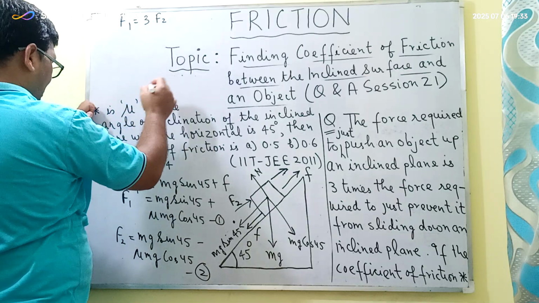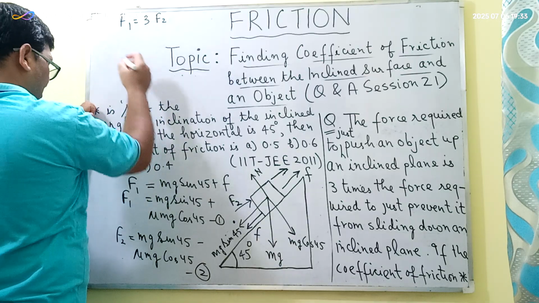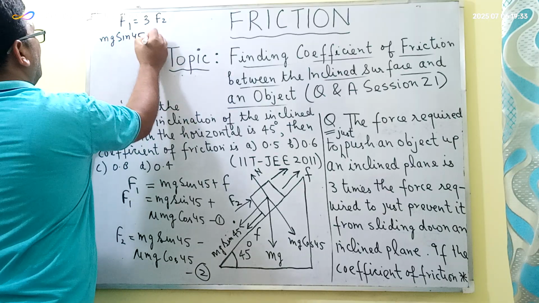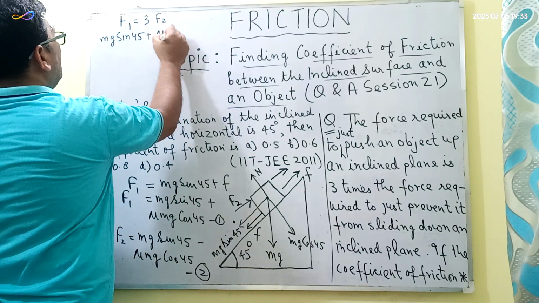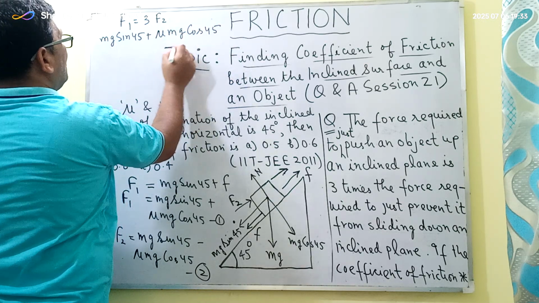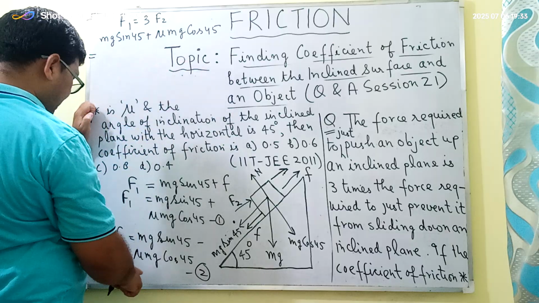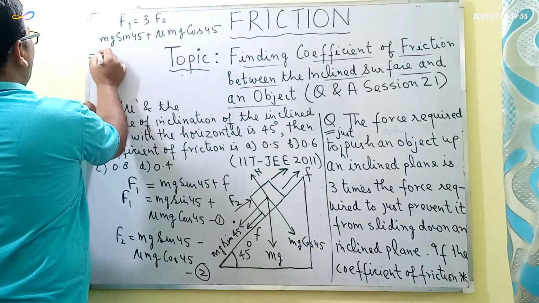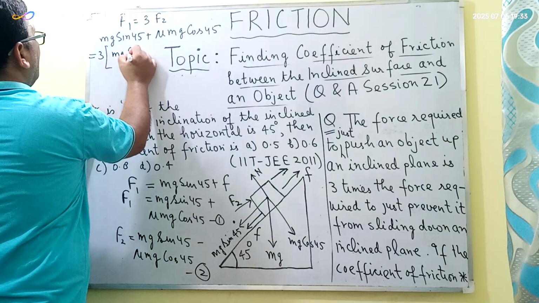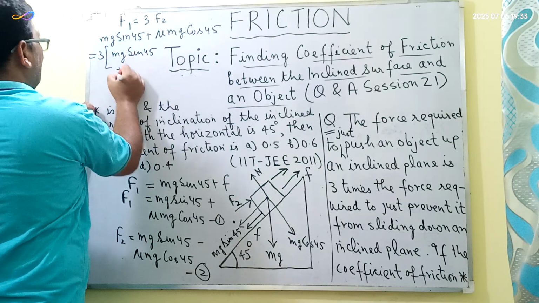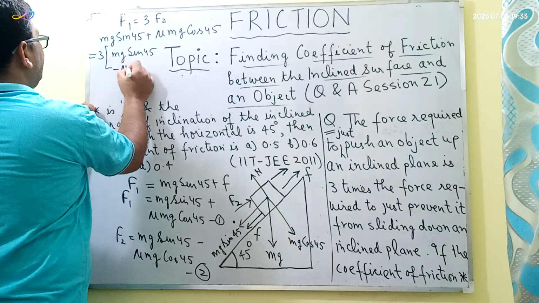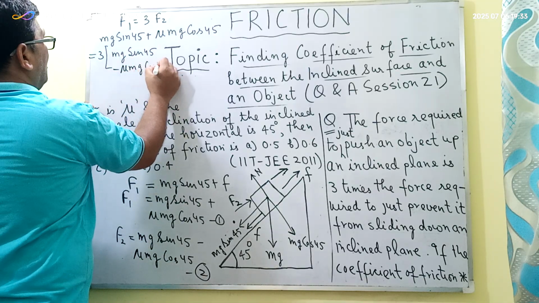So here F1 is equal to mg sin 45 plus mu mg cos 45. This is equal to, now F1 is equal to 3 times F2. So this is equal to 3 times, now F2 is what? mg sin 45 minus mu mg cos 45.